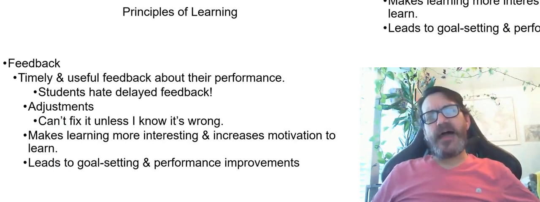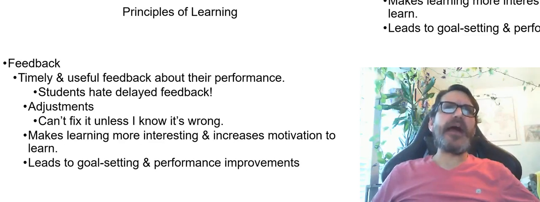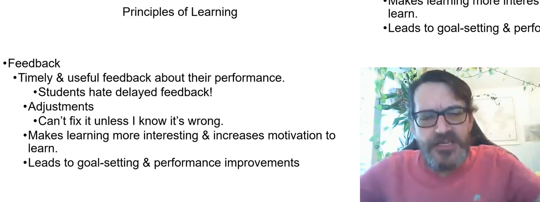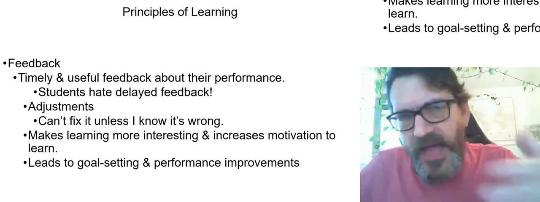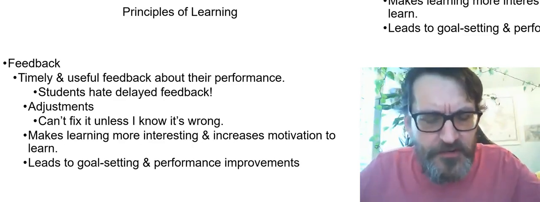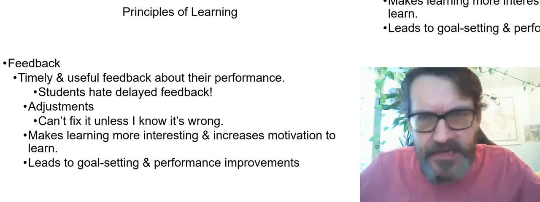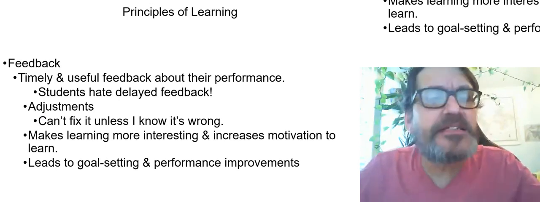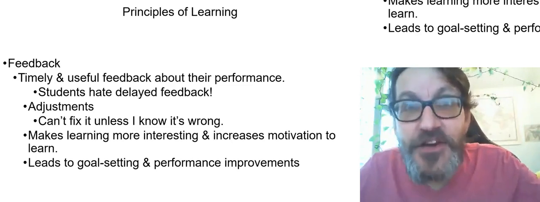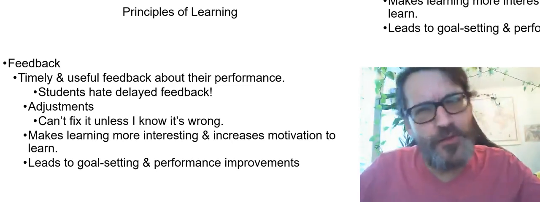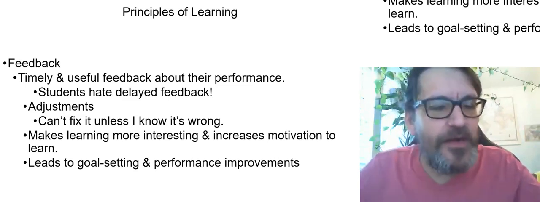One of the most important parts of training is feedback. Absolutely feedback. When I'm watching these training videos, they'll have questions interspersed throughout the videos. You answer the question, and then the next video is going to say, that is correct, or that is wrong, and the reason it is wrong is.